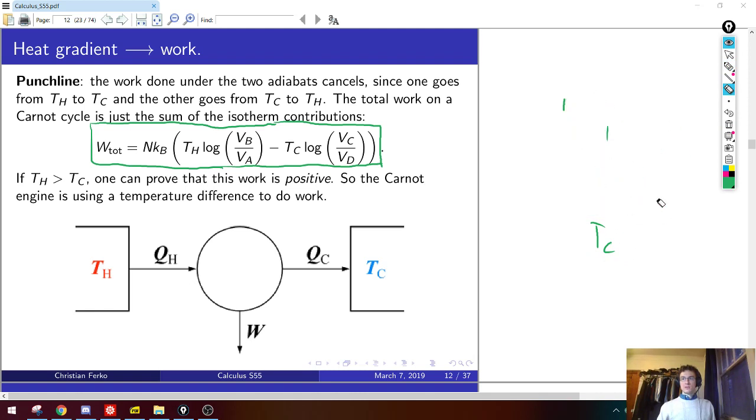But we can do something almost as good. I find this very, very satisfying, that even though we can't cool down the hot source directly and turn it into work, if we dump some of the heat from the hot source into the cold source, we're basically just allowing the energy to go downhill from the hot source to the cold source, but along the way we kind of charge rent, or we charge a toll to the energy as it goes through and extract some useful work.